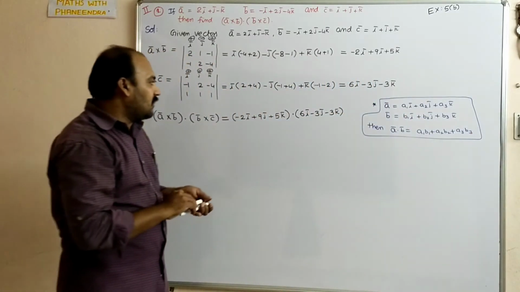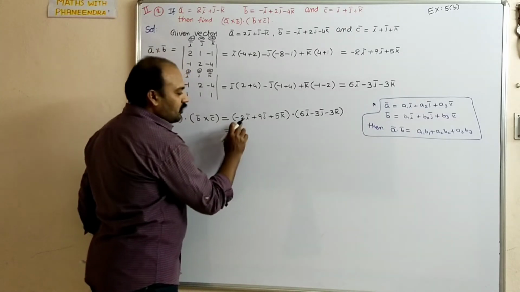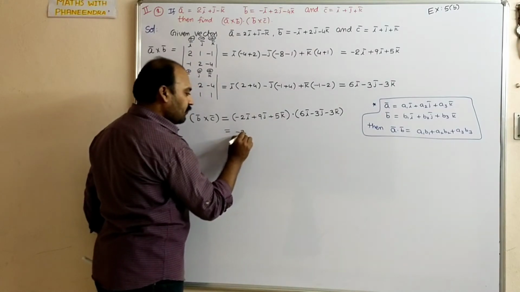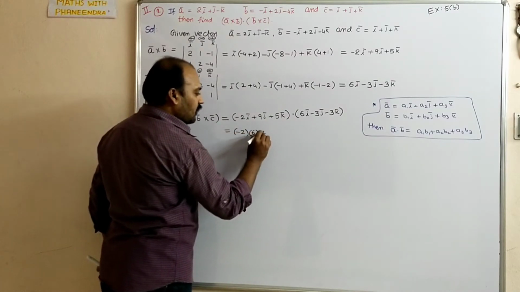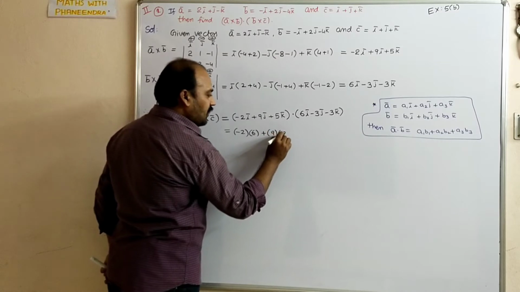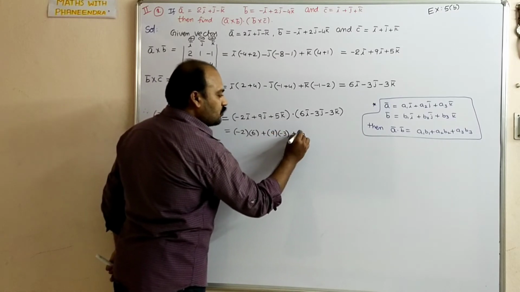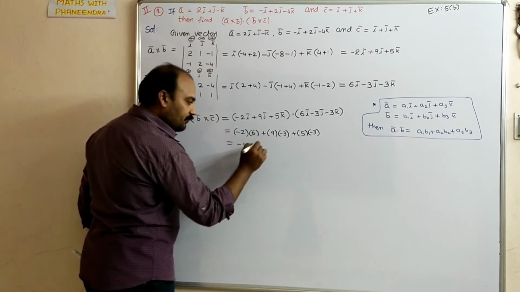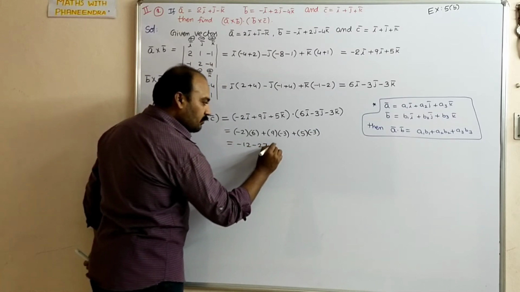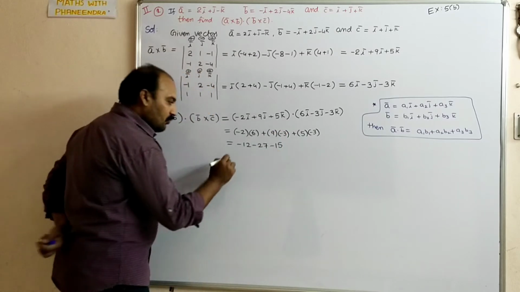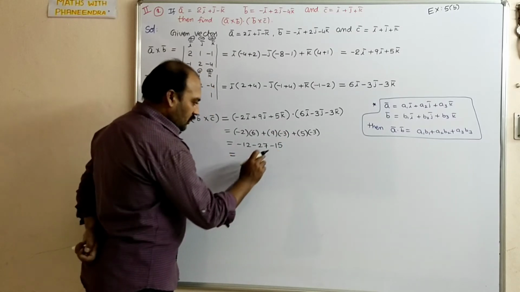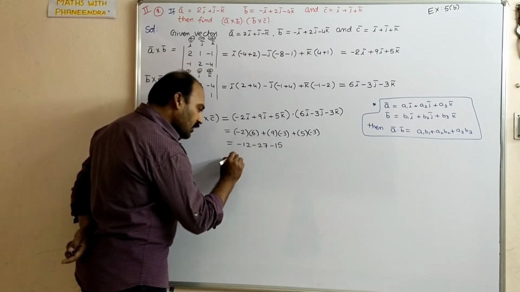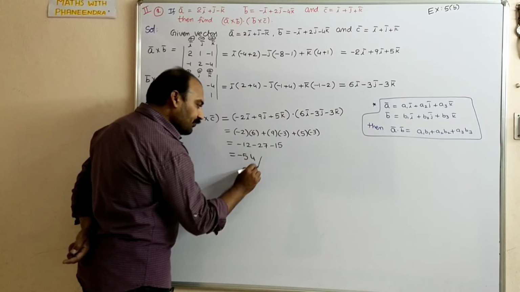So similarly here, which is equal to a1 into b1, so minus 2 into 6 plus 9 into minus 3 plus 5 into minus 3, which is equal to minus 12, minus 27, minus 15, which is minus 15, minus 12, minus 27, minus 27, minus 27, minus 54.